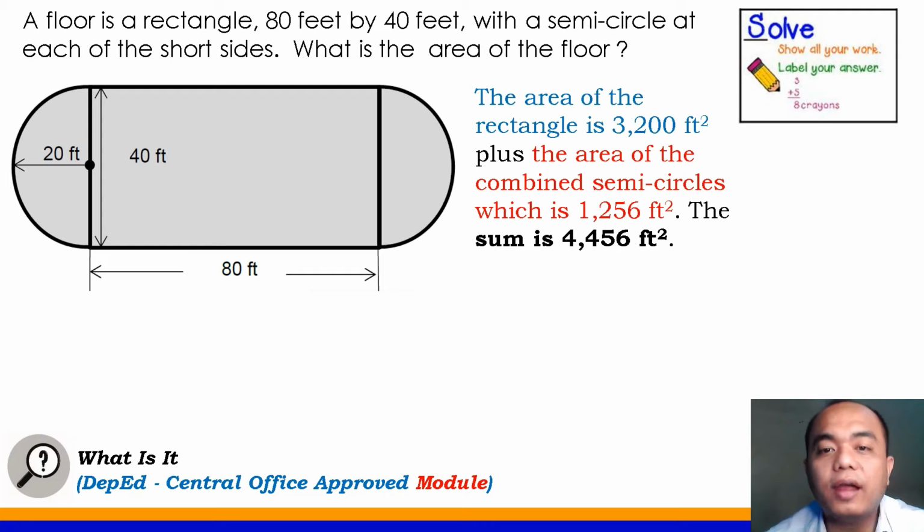So, the area of the rectangle is 3,200 feet squared, right? Plus the area of the combined semicircles, which is 1,256 square feet, right? So the sum is 4,456 square feet. No? Yan yung total area ng floor, yung 4,456 square feet.